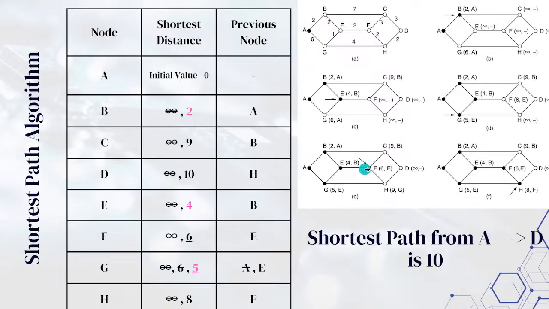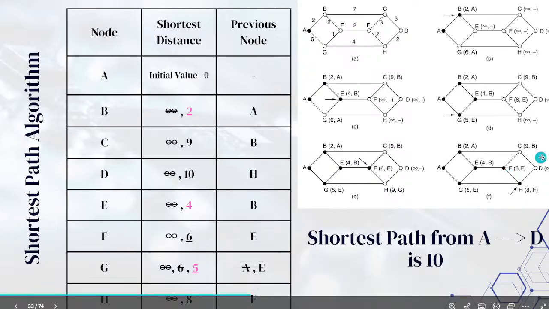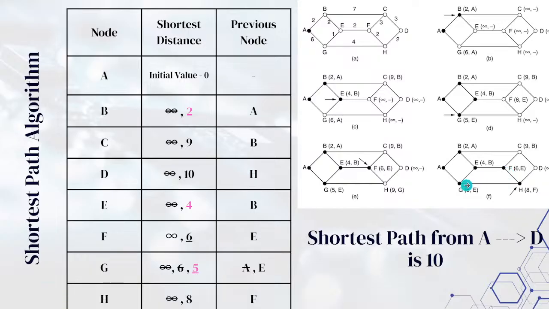Because G to H is 9 and F to H was the shortest path, giving 8 as a value, we considered that. So here the previous node is F because it was the shortest one. As G to H is giving the longer path, we are not considering that. Again, please remember, we are finding the shortest distance, the shortest path. So here it is already verified that it is giving the shortest way.